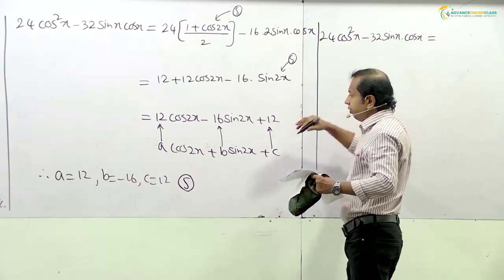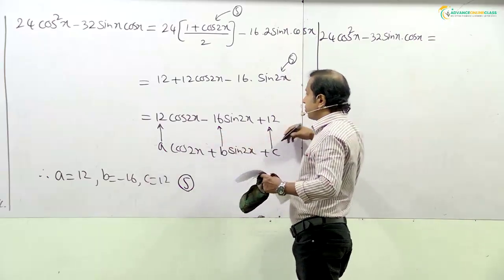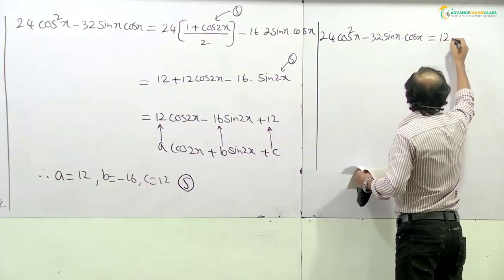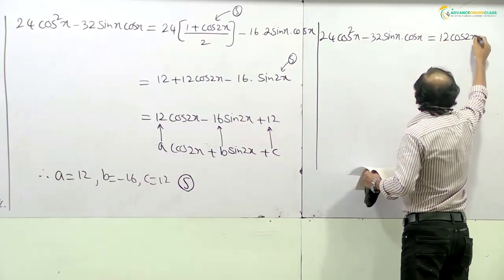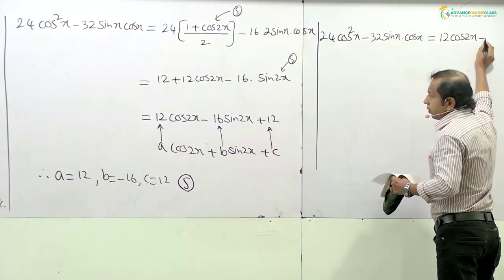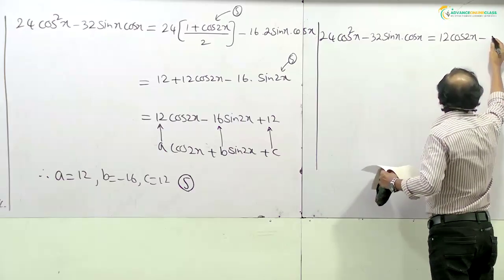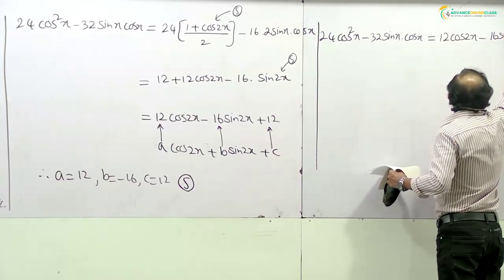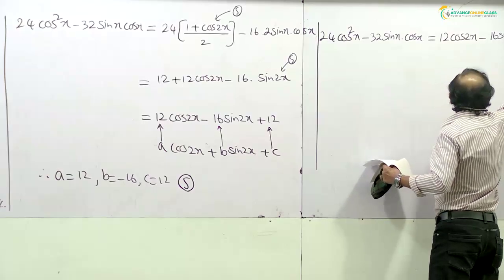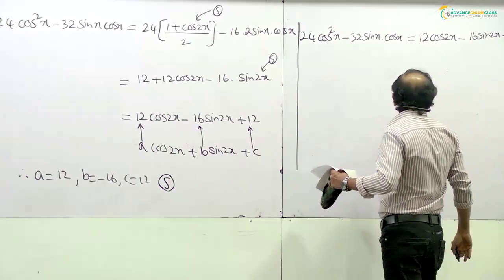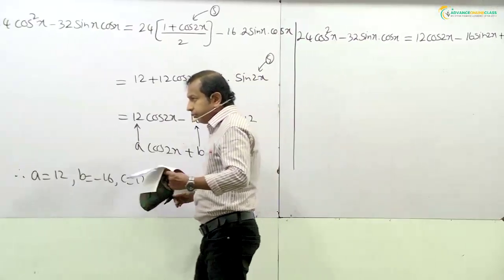We proved this, no? 12 cos 2x minus 16 sin 2x plus 12. This way we can write.